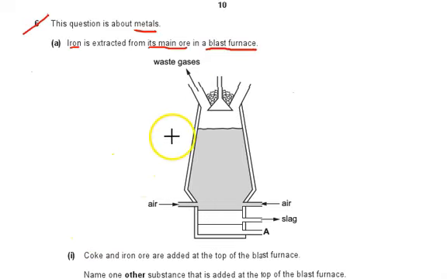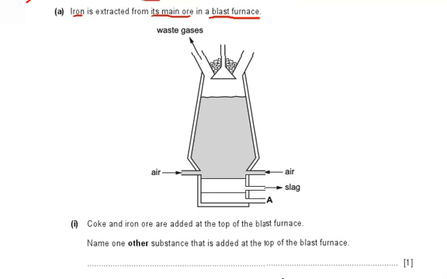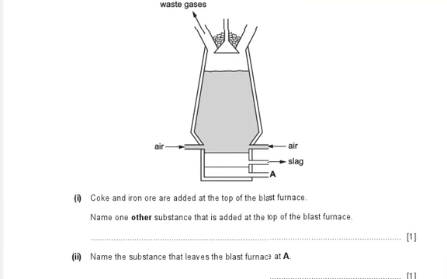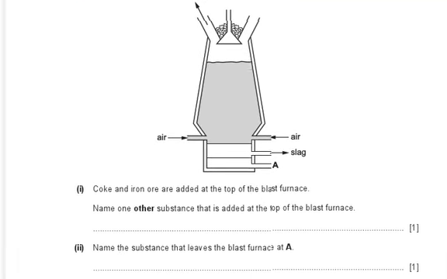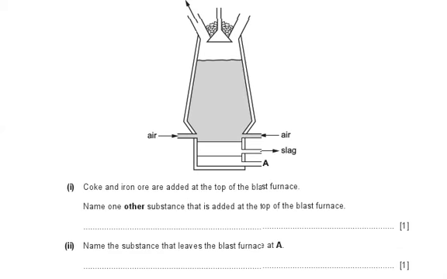Okay, now we go back to the question. I scroll down a little. Okay, now we can see here, number 1, coke and iron ore are added at the top of the blast furnace, which is the raw material. Name one other substance that is added at the top of the blast furnace.